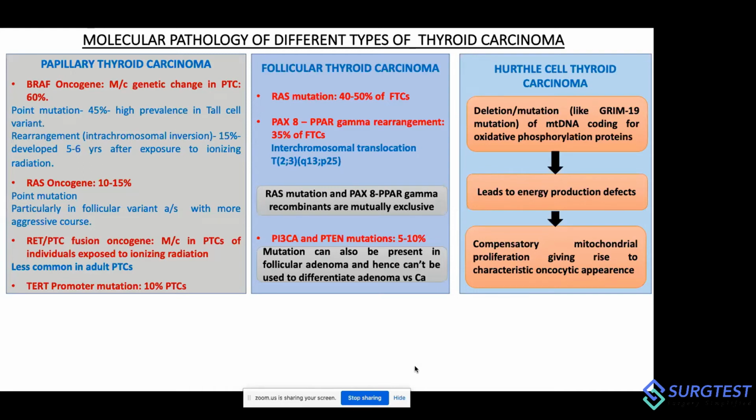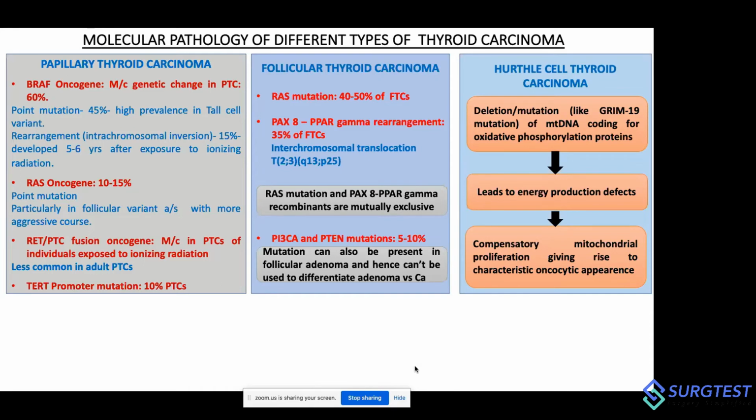Only one of them can be present in the cell, not both. The last one is PIK3CA and PTEN mutation, that is 5 to 10%. But all these mutations can also be present in follicular adenoma, and therefore these mutations cannot be used to differentiate between follicular adenoma and carcinoma.